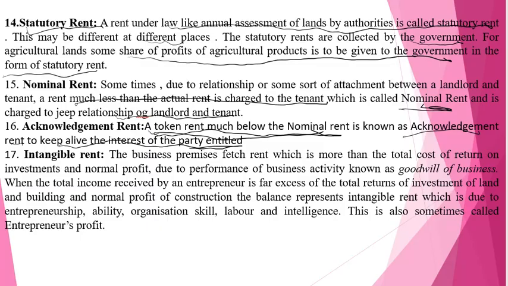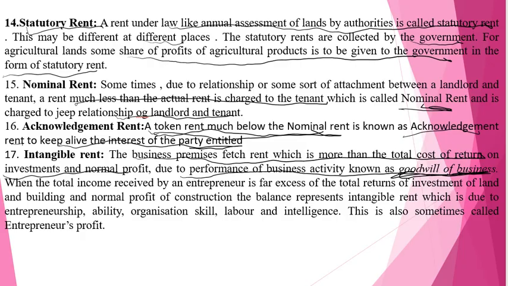Next is intangible rent. Business premises fetch a rent which is more than the total cost of return on the investment and normal profit. Why? Due to the performance of the business activity known as goodwill of business. So the rent because of goodwill of business is called intangible rent.